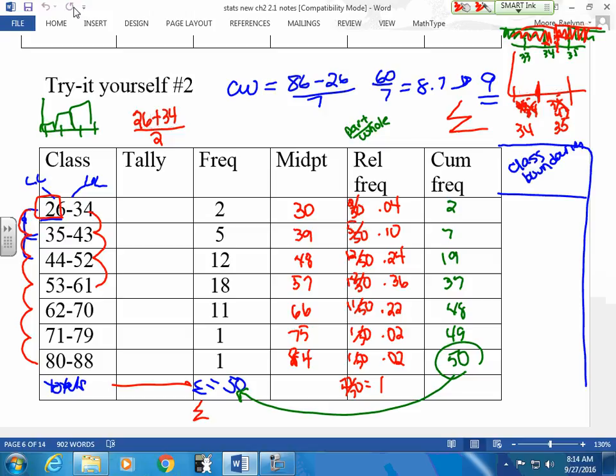Will I ever find a 34 and a half in this, have a half of a person that says yes or gives me an age? No. It's not the age that's the 34, it's the people that I'm counting their ages. So I'll never get a half a person. So our rule of thumb for class boundaries is drop the lower limit, negative 0.5, and add to the upper limit, positive 0.5.